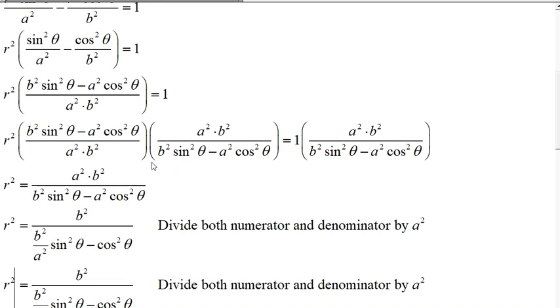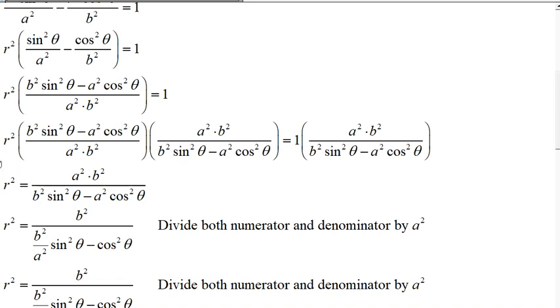Multiplying the left side by the reciprocal and the right side by the reciprocal, this expression multiplied by its reciprocal gives 1, because these cancel out. We get 1, so r squared times 1 is just r squared.